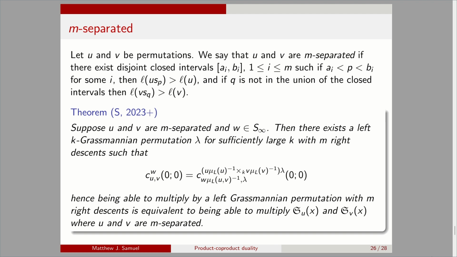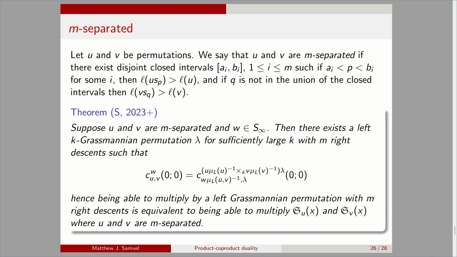So we have this theorem. Suppose u and v are m-separated and w is in S infinity. Then there exists a left k-Grassmannian permutation lambda for sufficiently large k with m right descents, notice this is the same m, such that c^w_{u,v}(0,0) is equal to this left Grassmannian coefficient.